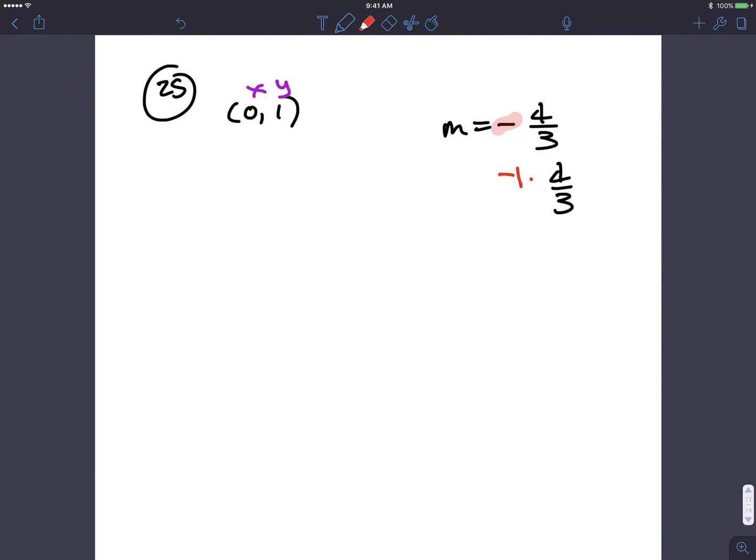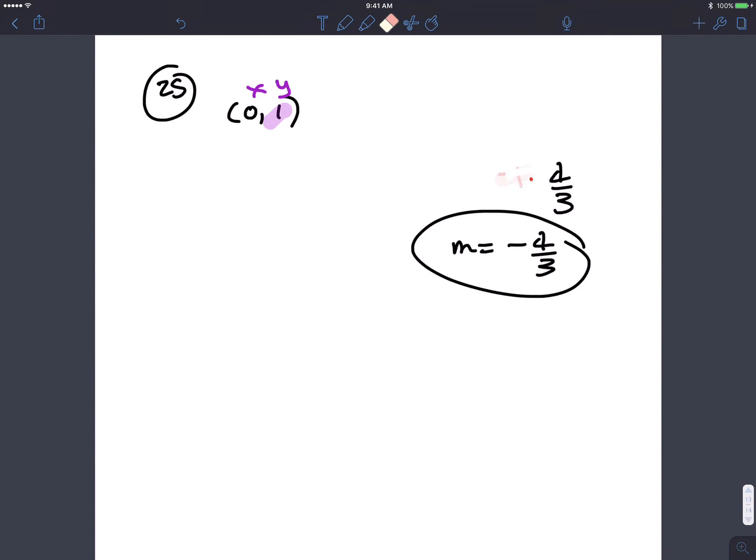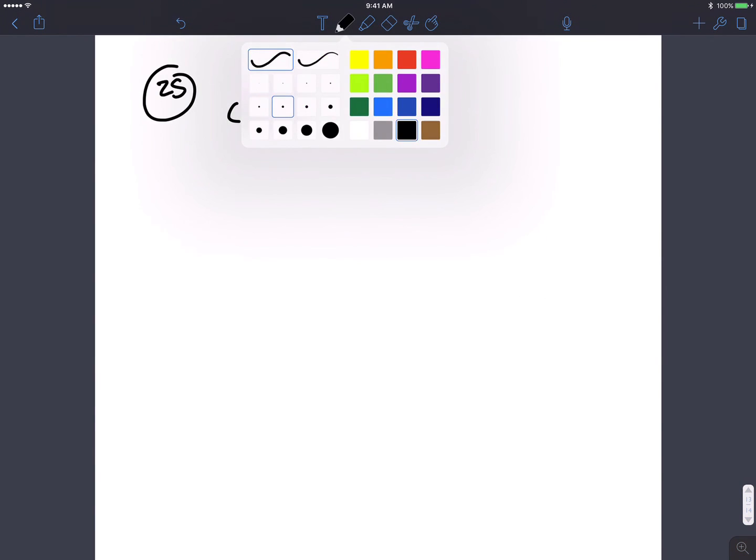And the negative 1 here is going to get multiplied to the positive 4. So my slope's going to be simply negative 4/3. Y-intercept starts at 1 on the y-axis. So let's rewrite this, get some graph paper, and see what this line looks like.